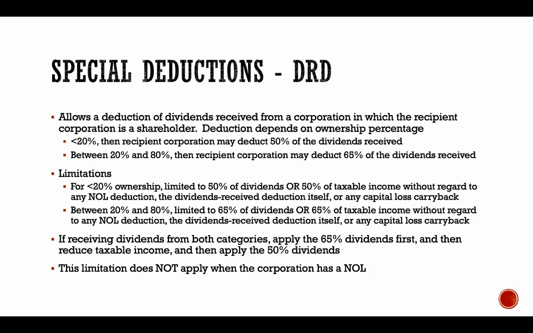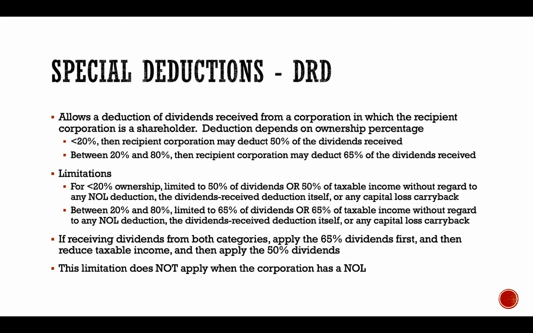If we own between 20 and 80%, we're going to be limited to 65% of the dividends received or 65% of the taxable income without regard to any net operating loss deduction, dividends received deduction itself, or the capital loss carryback. And it's the lesser of those two. So the lesser of the percentage of dividends or the percentage of taxable income.